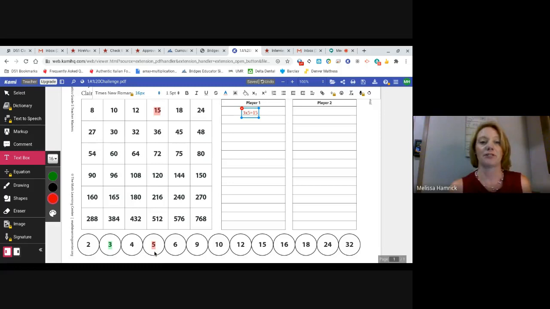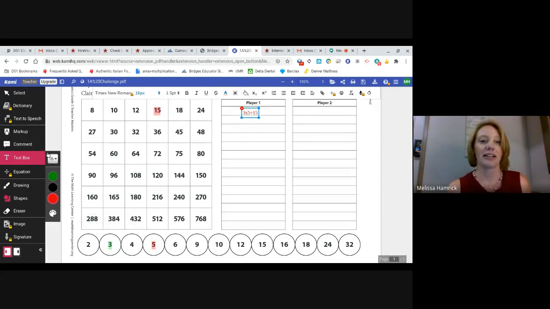Some students might say, I have my 5s memorized. Some might say, I know that 3 groups of 5 is 15. And some might use an area model or tiles, like an array, for 3 rows and 5 columns to equal 15. So that would be a strategy used.